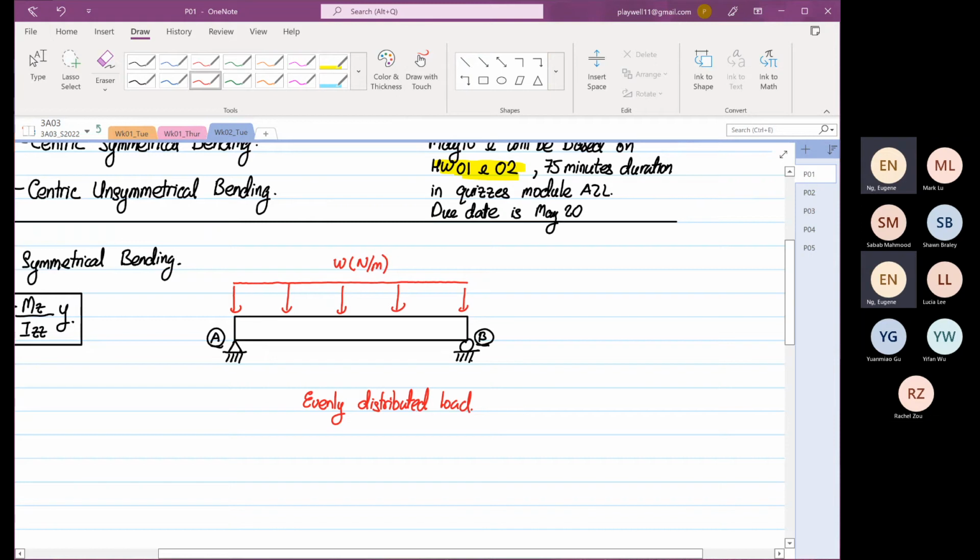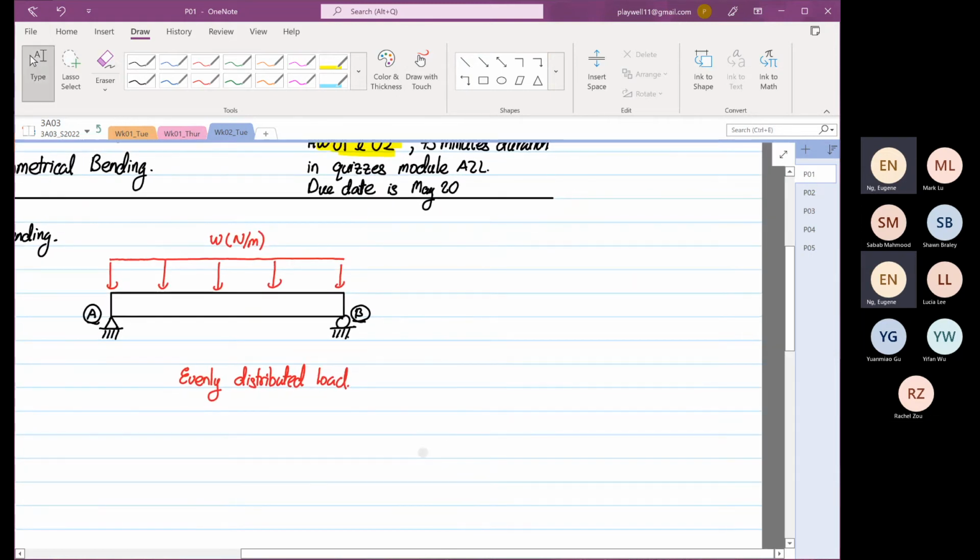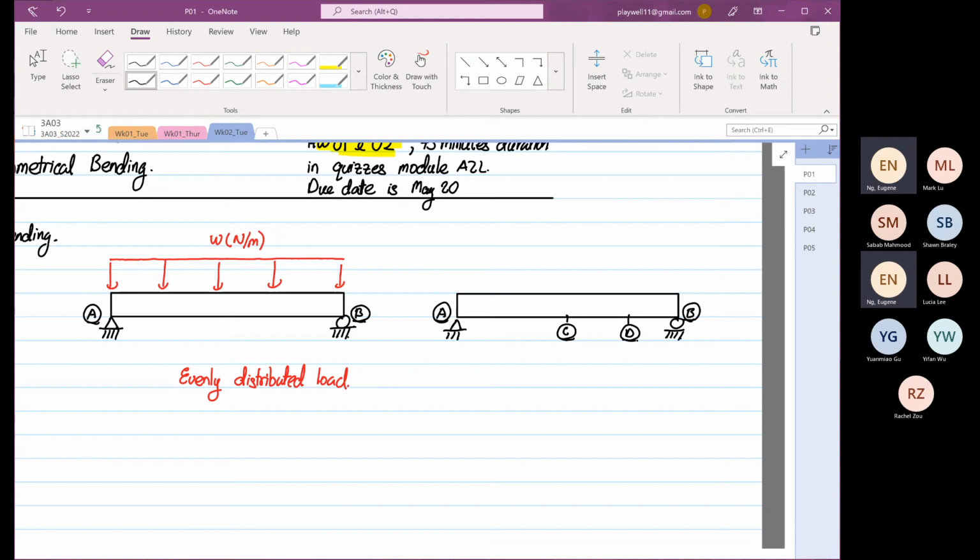Then I will draw another structure by the side. Same thing, simply supported, again a pin and a roller, point A, point B. And at a certain distance we have our point C and at a certain distance a point D. But this time the load is different.